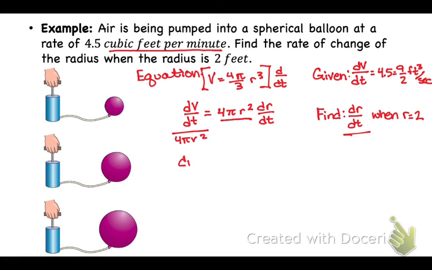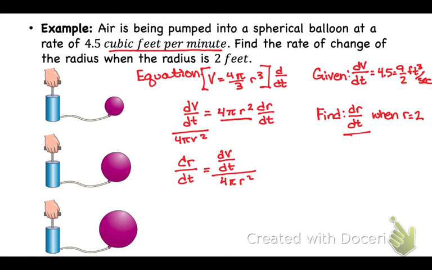So dr/dt equals dV/dt over 4 pi r squared. So have I solved for dr/dt? And that's what we were supposed to solve for. So now I need to start doing what?